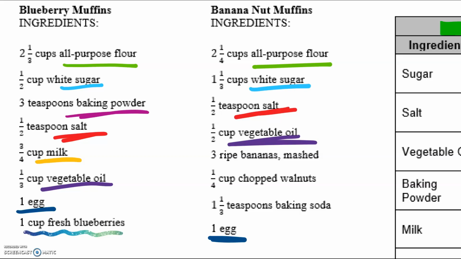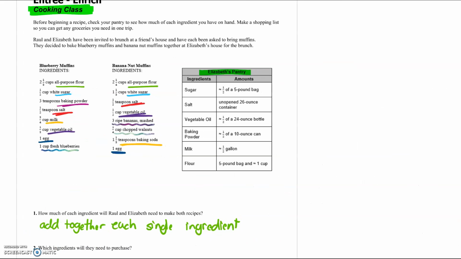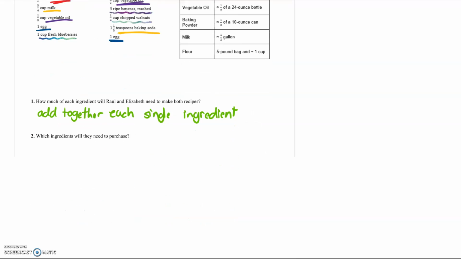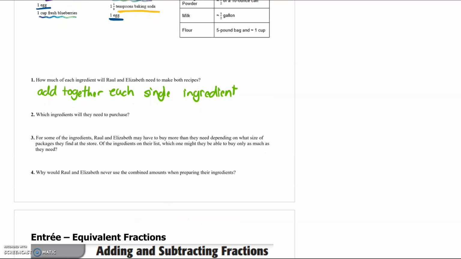That one only shows up in this recipe. Ripe bananas and chopped walnuts only show up in that recipe. And then also in this recipe, only baking soda, right? We don't have baking soda in the other. So the ones that we have in both recipes, we need to add together. So that's step 1 for question 1.